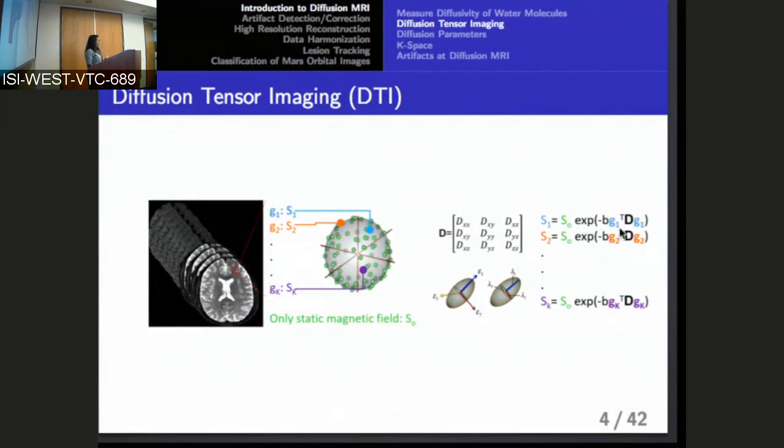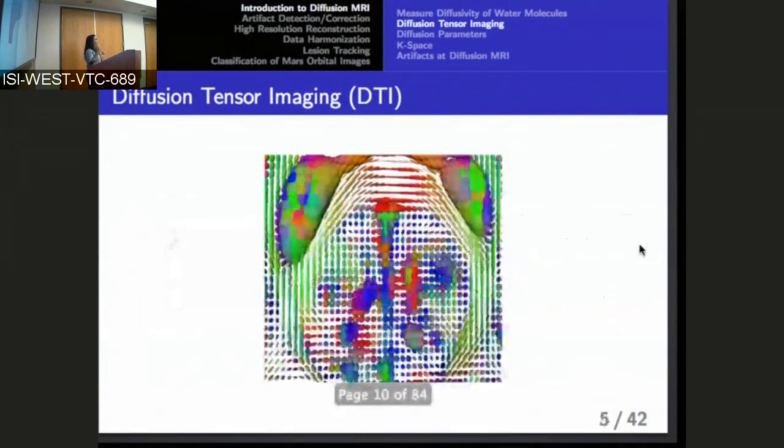We know the gradient directions, which are shown with G1, G2. These are 3x1 vectors, and the aim is to estimate this 3x3 matrix for each voxel of the brain. We can make this estimation given these measurements by performing, for example, least squares. And now we can represent each voxel in our brain or other part of our body by this ellipsoid.